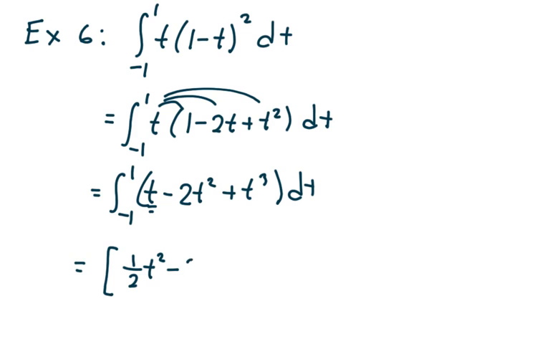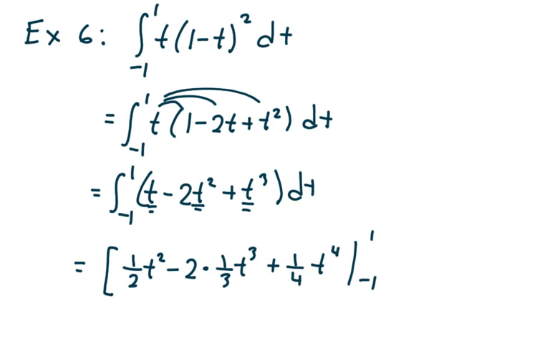And then I'm going to get 2 times the antiderivative of t squared, which is 1/3 t cubed. And the antiderivative of t to the third is 1 over 4 t to the fourth. But I'm going to evaluate this from -1 up to 1. And remember, I'm going to pop the 1 in, pop the -1 in, and subtract their results.